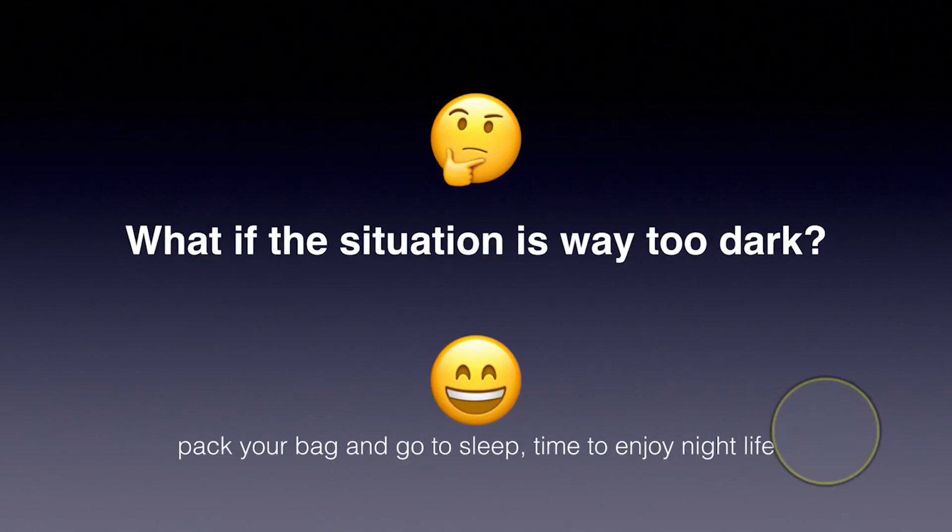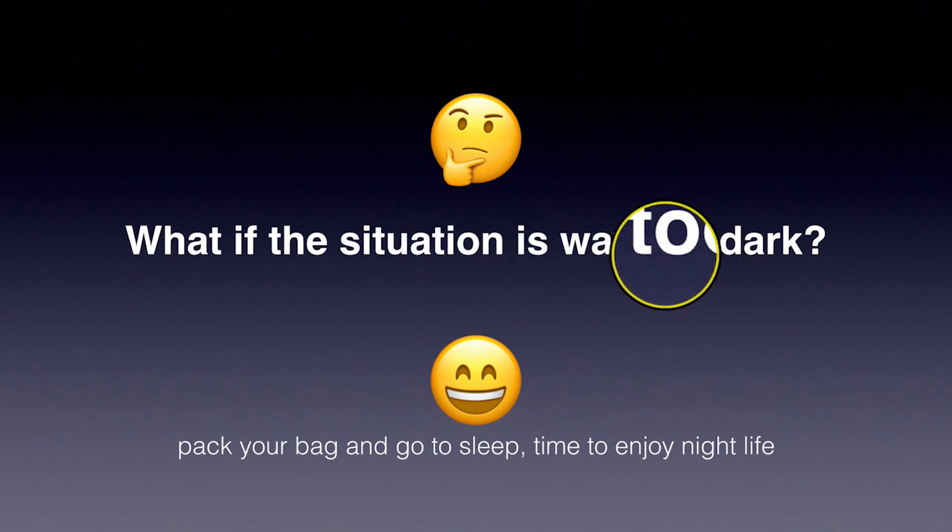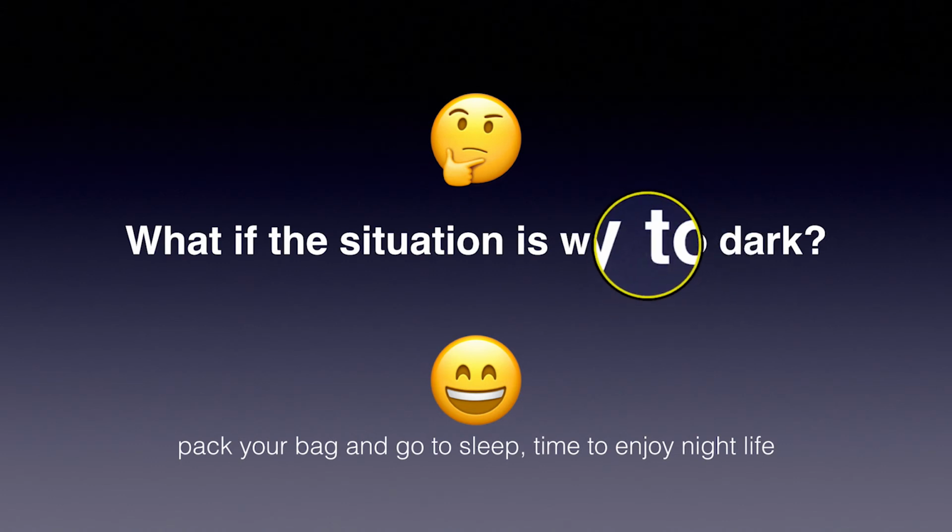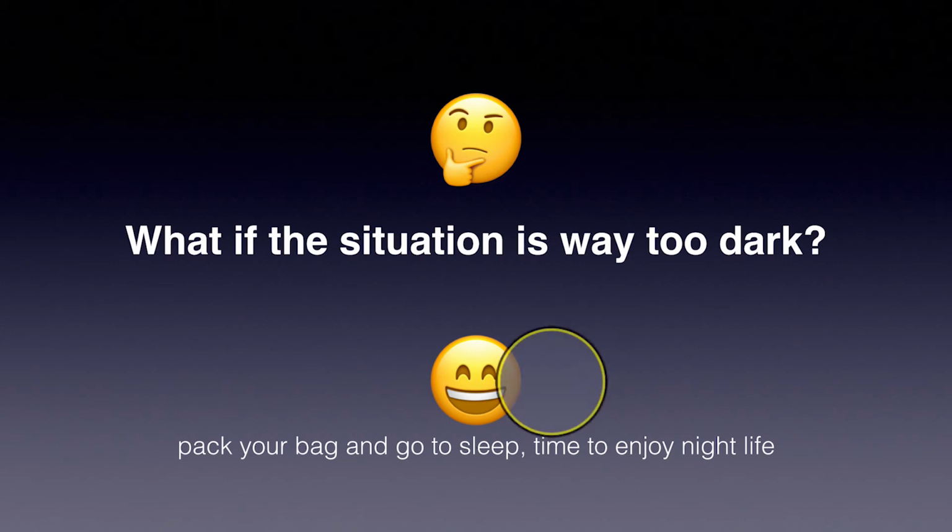So what if the situation becomes way too dark, which means you cannot even get a clear shot at 1 second exposure time and ISO 1300? If your situation is that dark, I highly recommend you pack your bag and go to sleep, because it's deep night.